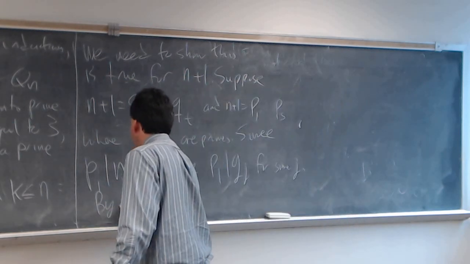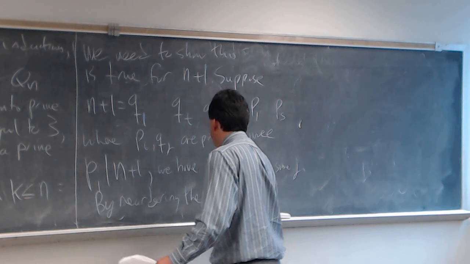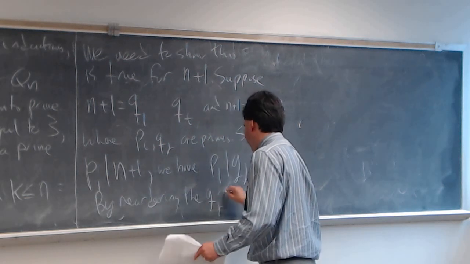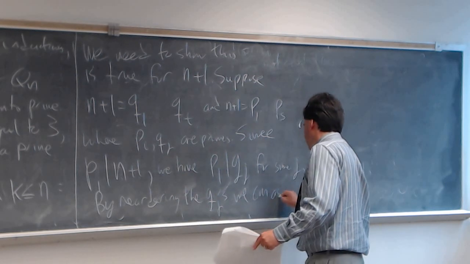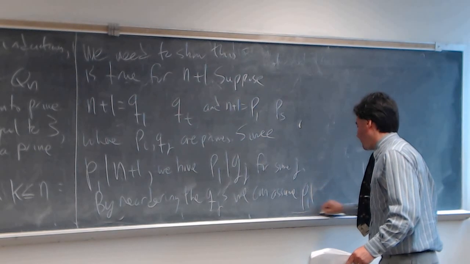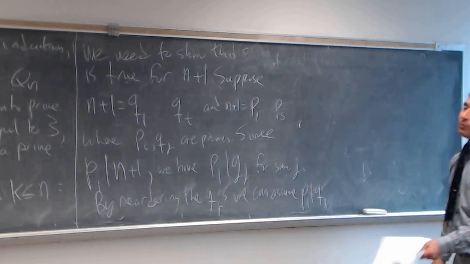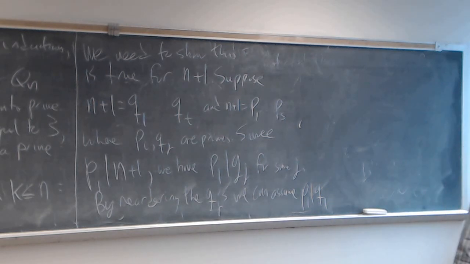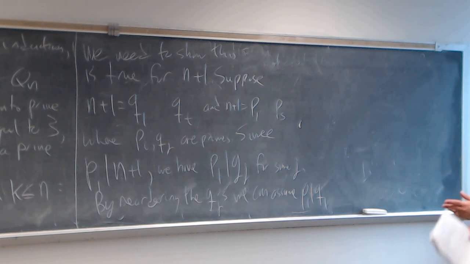And just by reordering the q's, we can assume p1 divides q1. If p1 divides q8, well, let's just call q8 q1. Let's just change the order, right? The order of multiplication is commutative. It doesn't matter which way we order the factors.